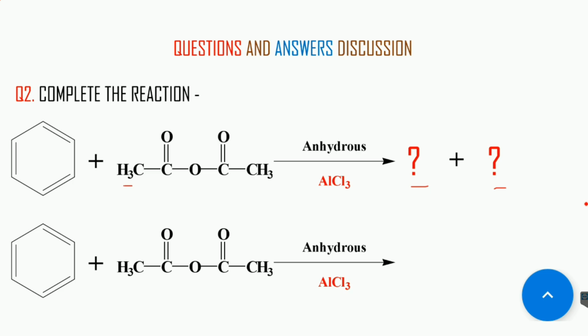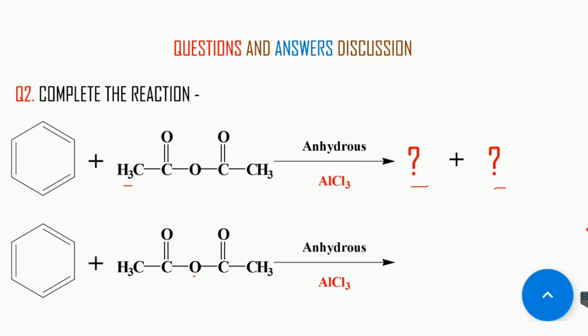Most of the students after seeing this type of reactant get fully confused because they don't know where fission can take place. If you see the reactant properly, here an oxygen atom is there, and this will be in the center of this compound, the reactant. So it's a center atom, and there are two possibilities for fission to take place.